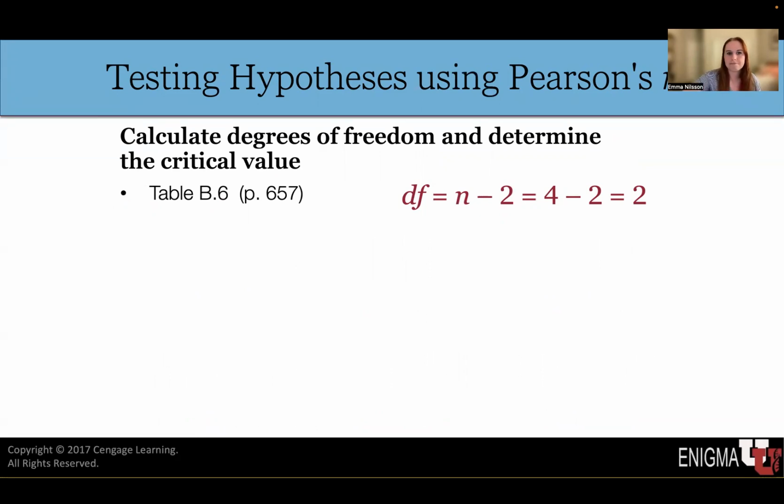The degrees of freedom in the example we're going to use on the next slide is 4. The formula for Pearson's R is that your degrees of freedom is n minus 2, not minus 1, because you have two variables that introduce error. That's a good way to remember that.